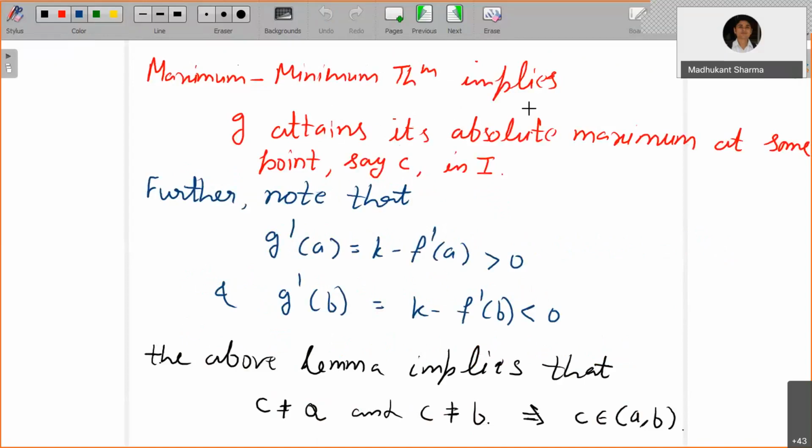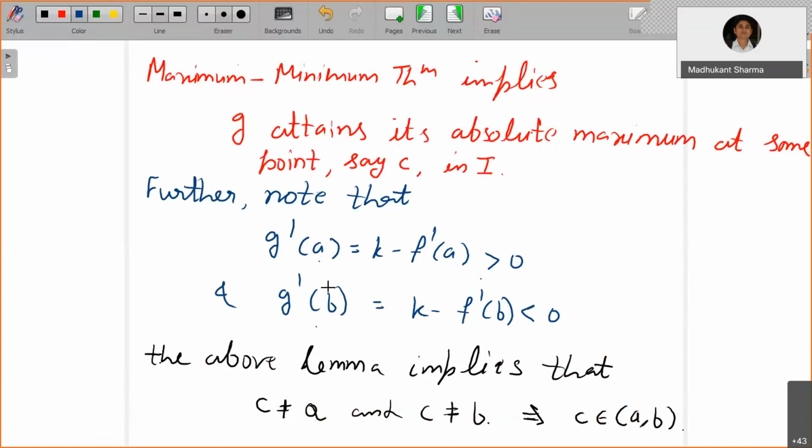So the maximum minimum theorem implies g attains its absolute maximum at some point, say c in I. Further, you note that g dash of a is greater than 0 and g dash of b is less than 0. So the lemma we have just seen says that c can be neither a nor b, because we are able to identify a delta over which g of a is sitting on the left of many values of g of x.